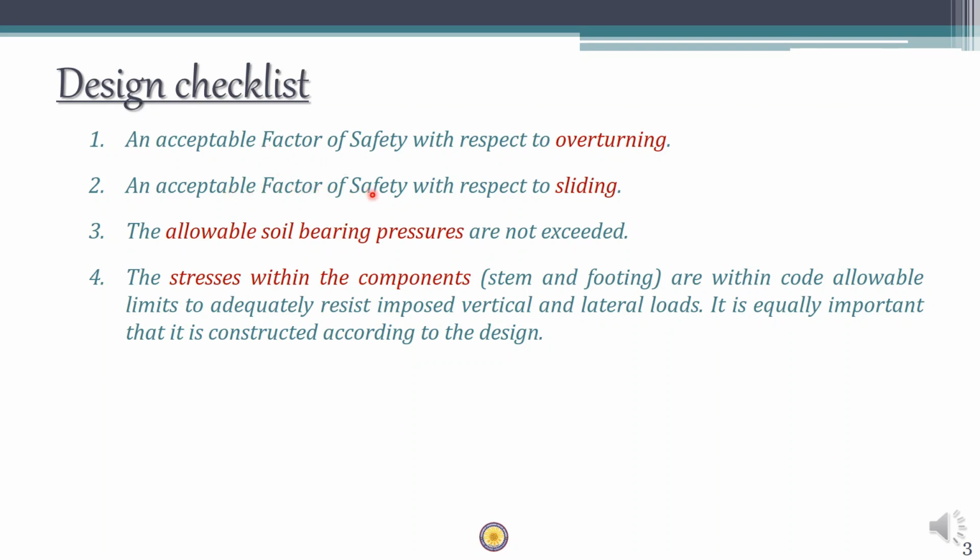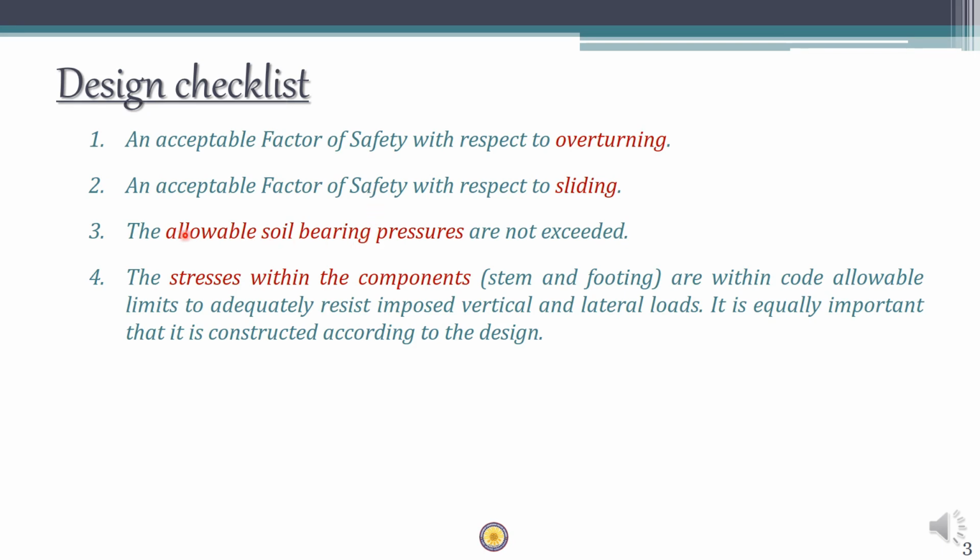This can be ensured by properly choosing the initial proportion of the cantilever. By proportion I mean the dimensions of the different elements in a cantilever, that means the stem and the base slabs.